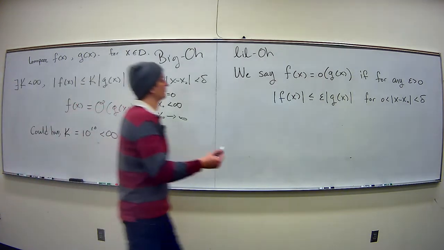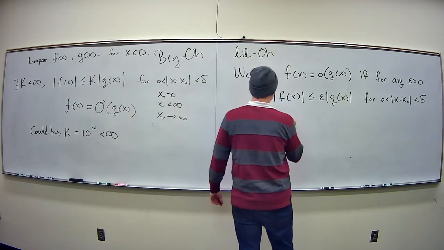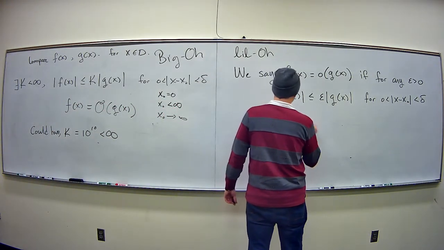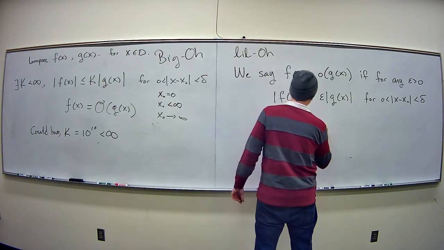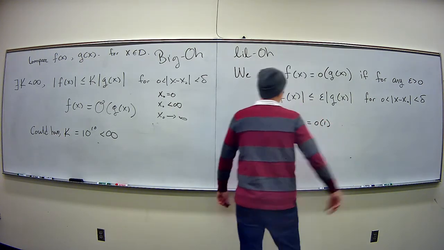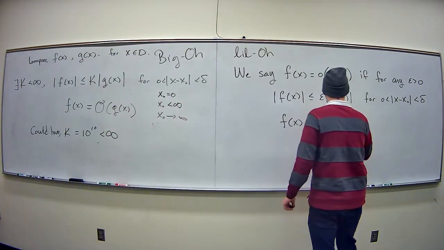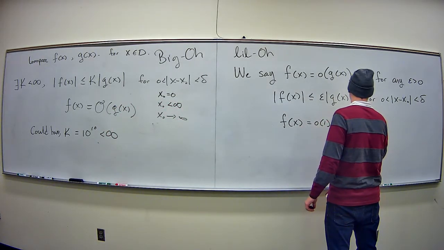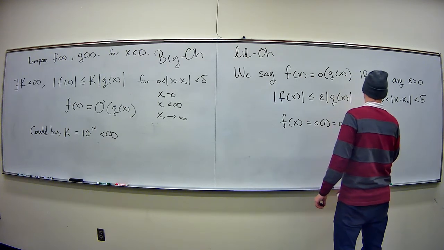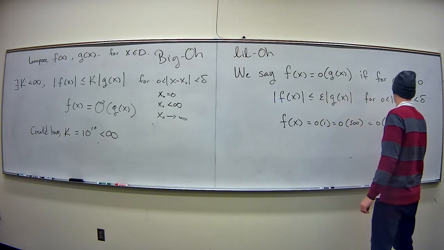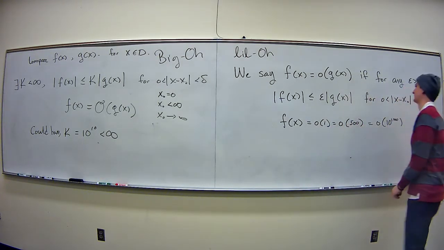One of them being, any function that is little o of order 1 is also little o of order 100. It's also going to be that.